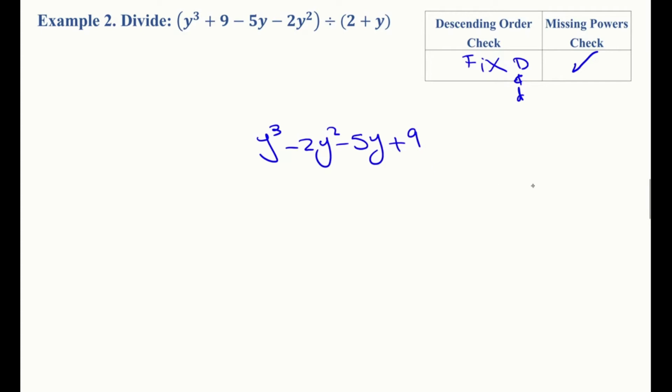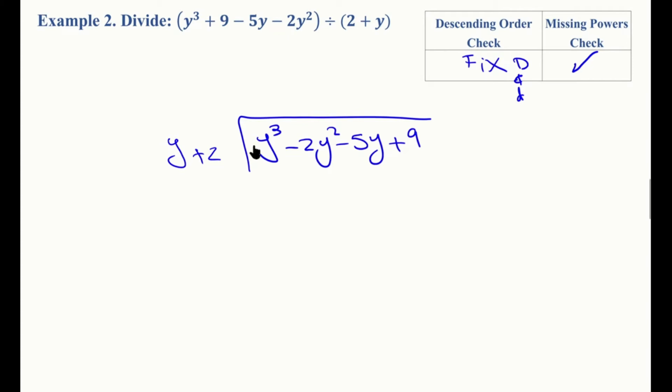Now we go ahead and write the division sign, and we put our divisor also in descending order. So we write it as y plus 2. You should know how to do this after watching the previous one. I would definitely encourage you to pause the video, go do it on your own, and come back, see if our answers agree. Alright, so now we'll proceed as before.